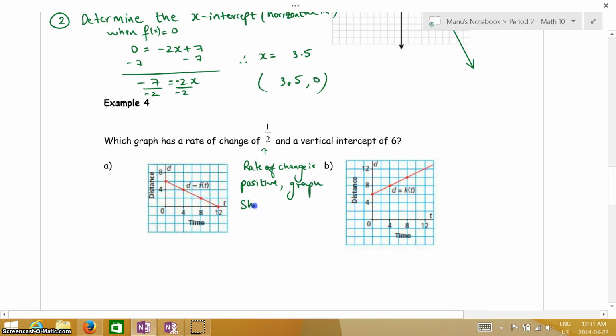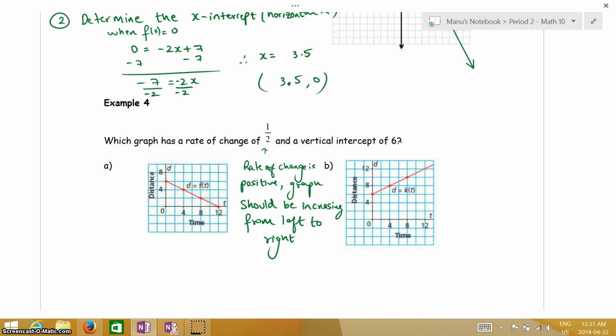Because the rate of change is positive, the graph should be increasing from left to right. And then y-intercept of 6. So I just need to examine these 2 graphs and see which one satisfies the criteria that's given to me.